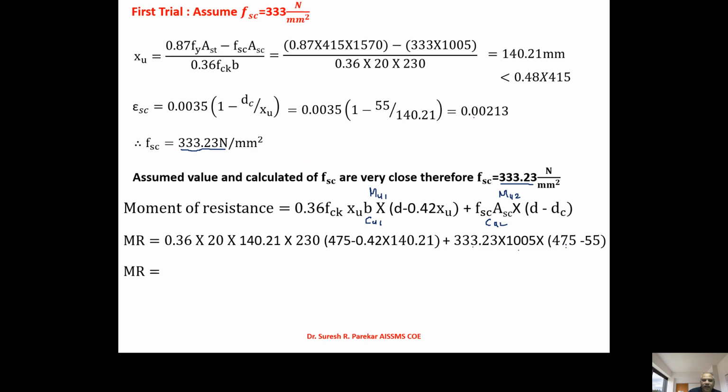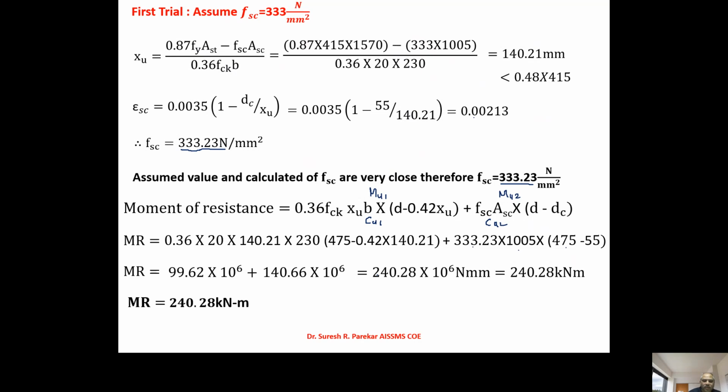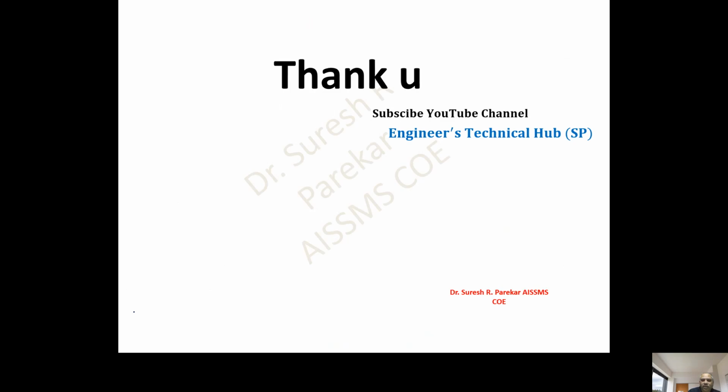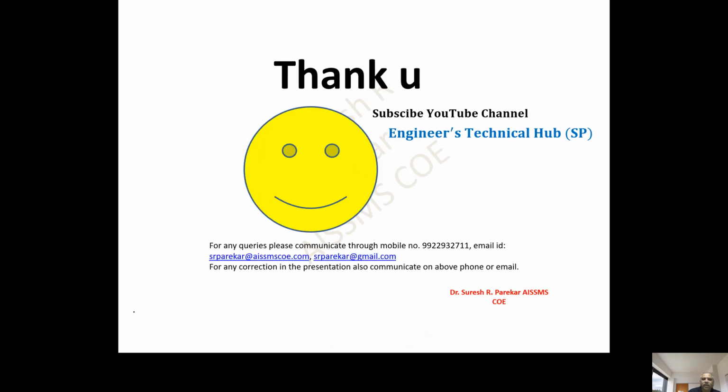And from this we will get the values. First value, that is Mu1, we have 99.62 into 10 raised to 6, and Mu2 140.66 into 10 raised to 6, and that gives me the value 240.28 kilonewton meter. So the moment of resistance of this section is 240.28 kilonewton meter. Likewise we have to solve this problem for Fe250.